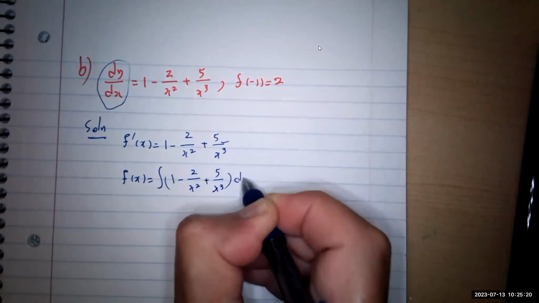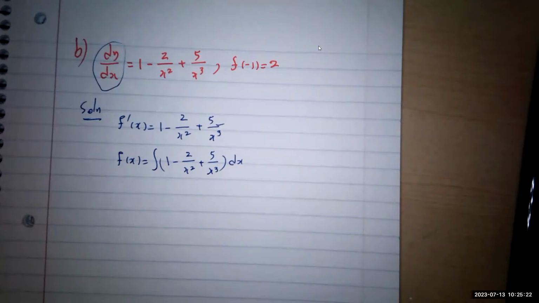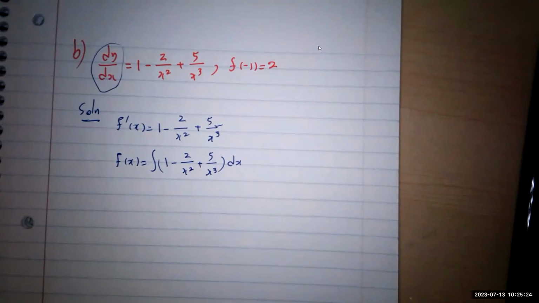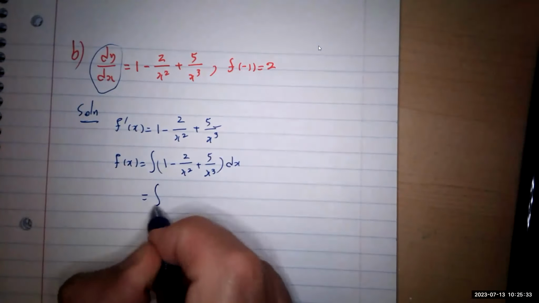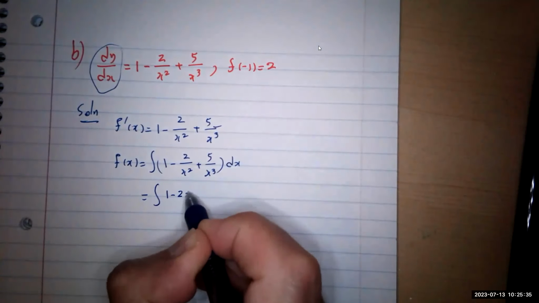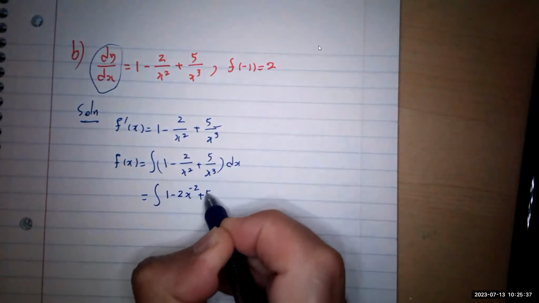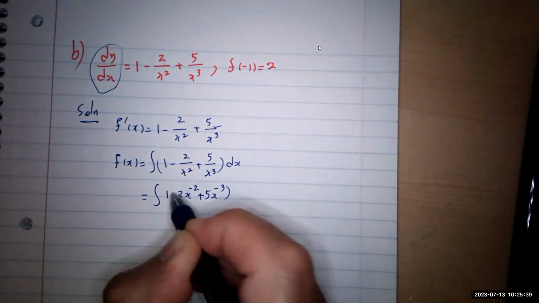You set it up yourself as an integration. The terms are in the denominator, so you move them up and integrate: 1 minus 2x to the -2 plus 5x to the -3 dx.